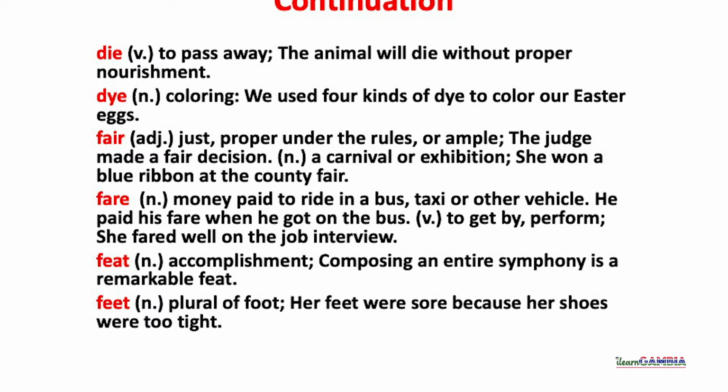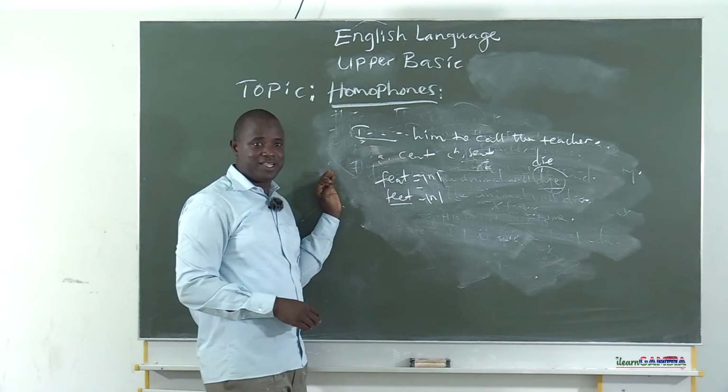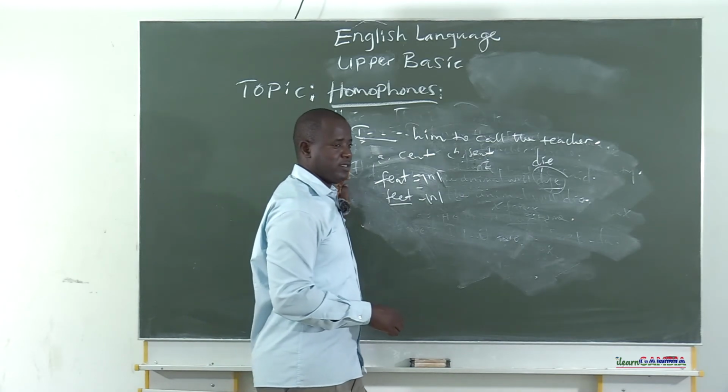Accomplishment. Composing an entire symphony is a remarkable feat. And this other one, feet, is the plural of foot. We say her feet were sore because her shoes were too tight. So you can see they belong to the same part of speech, both nouns, but they mean different things. So we move on. Good.